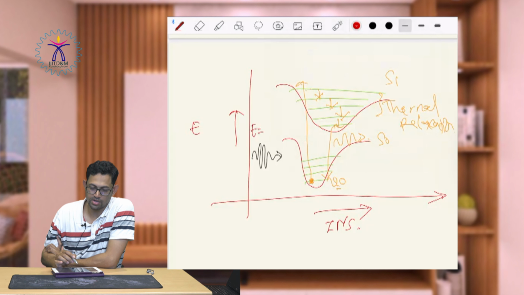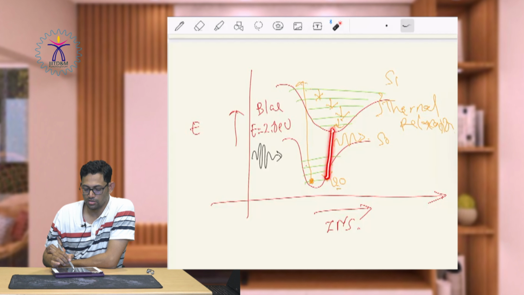For example, you are shining a photon of blue color, around 2.8 eV. It's a significant jump for this electron, and then it will do a minor jump, that is thermal relaxation, and this is the intermediate state. So it will survive for some time over here, and then it will make a jump over here. You can see this jump is less as compared to the jump it makes to reach above, right.